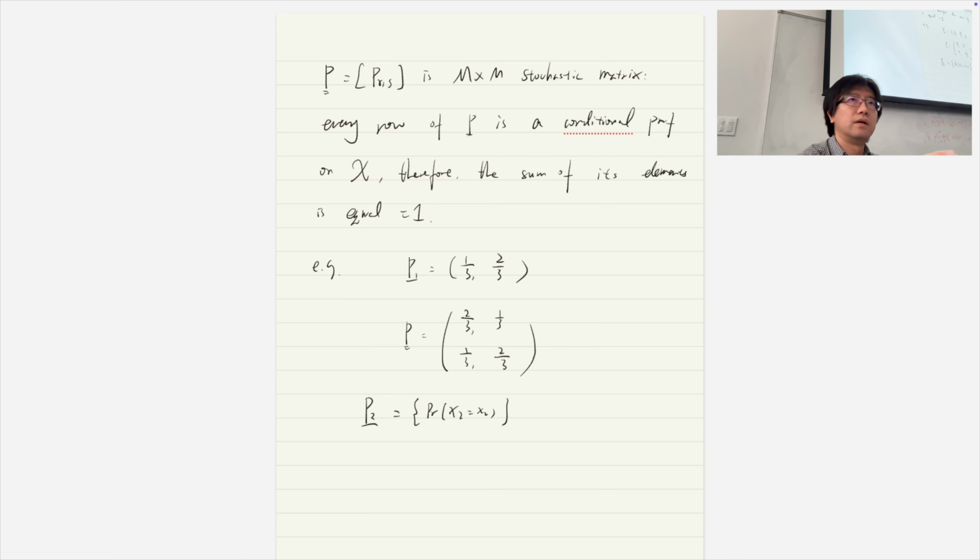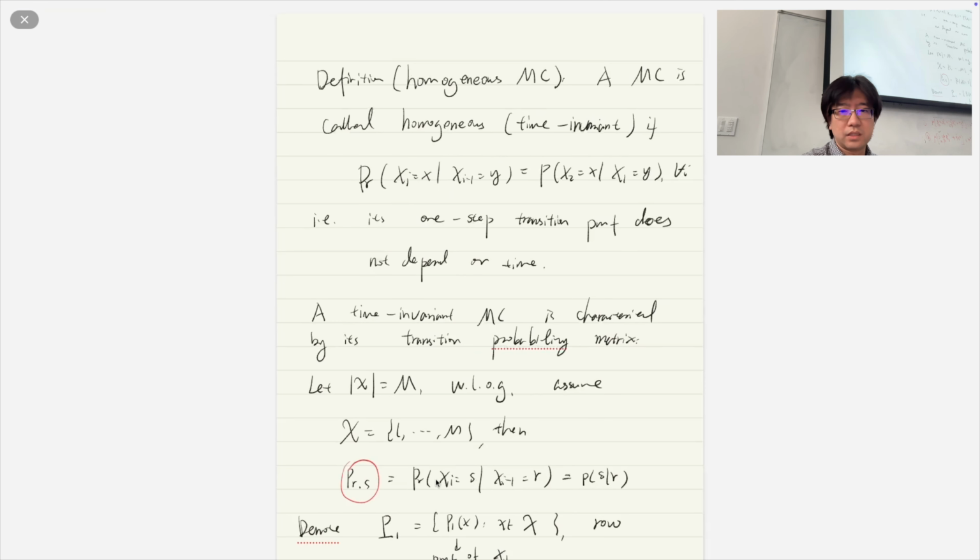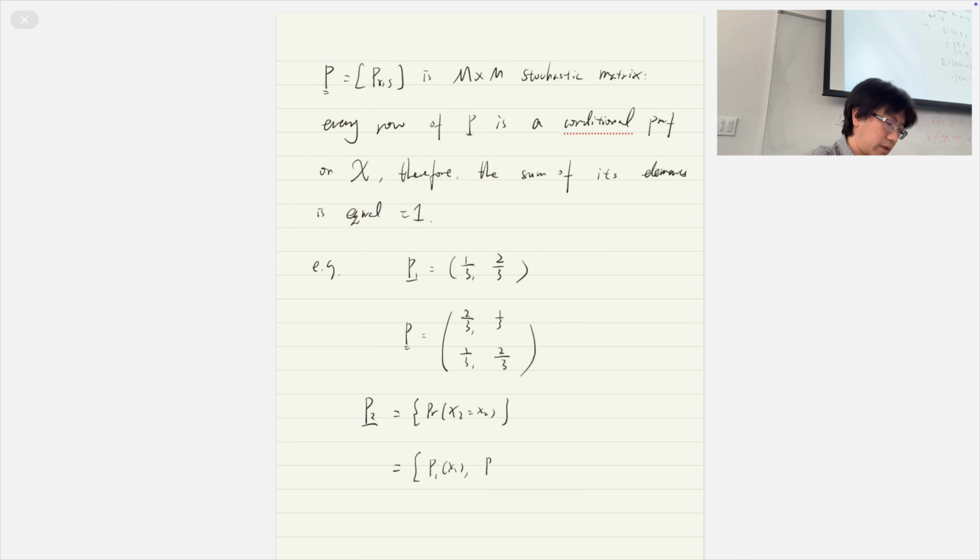Well, this should be a vector. Let's see whether it makes sense or not. We're going to use the probability of X1, so this 1 here is the probability of X1, and the probability of X2. Oh, sorry, still X1 here.